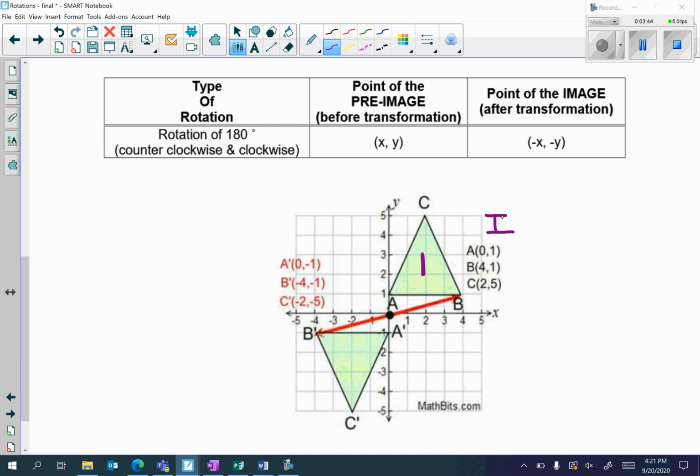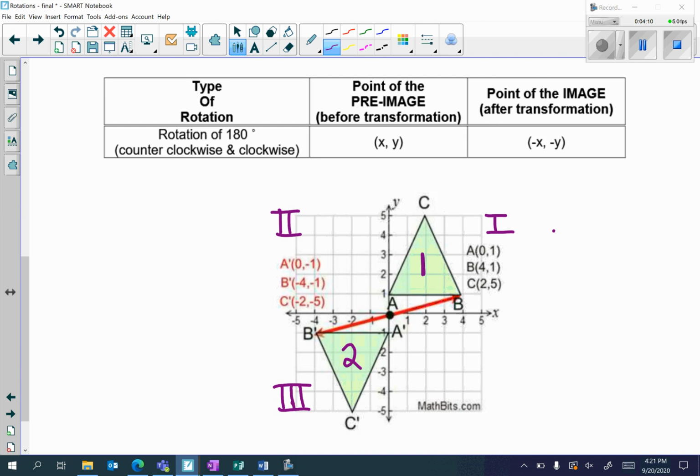To rotate it 90 degrees, I would go to quadrant 2, and then rotate another 90 degrees would be in quadrant 3, which is a total of 180 degrees. And my image, which I'm going to put a 2, is triangle A prime, B prime, C prime, and all you have to do is negate the x value and the y value.